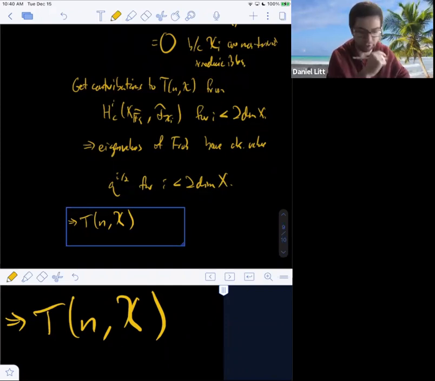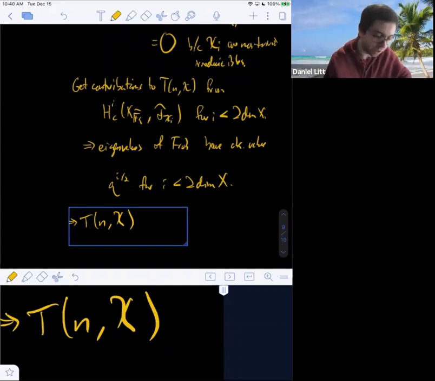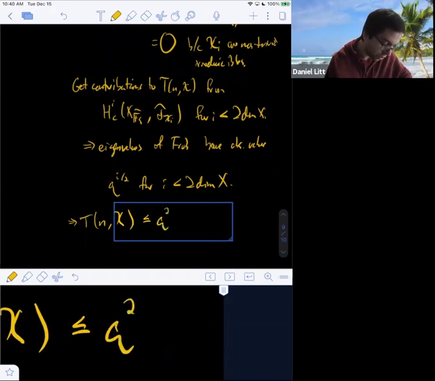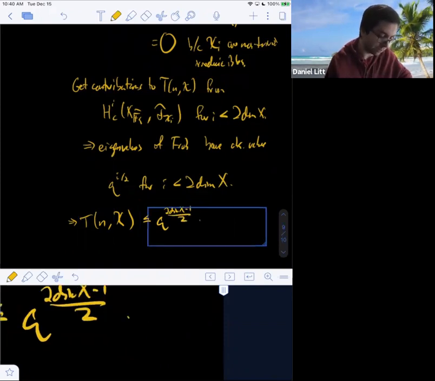I mean, if you were a little bit more careful, you could actually avoid using any Weil II at all and just use Weil I here. So what this tells you, though, is that this is at most q to the (2 dim x minus 1) over 2. So that's the biggest the eigenvalues can be, times the sum of the Betti numbers.